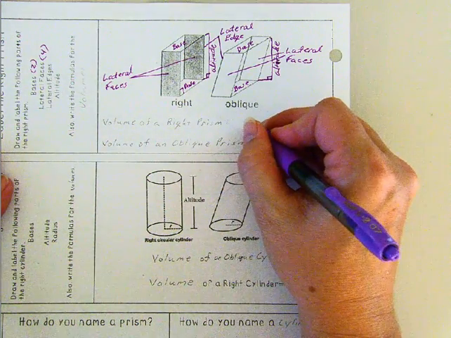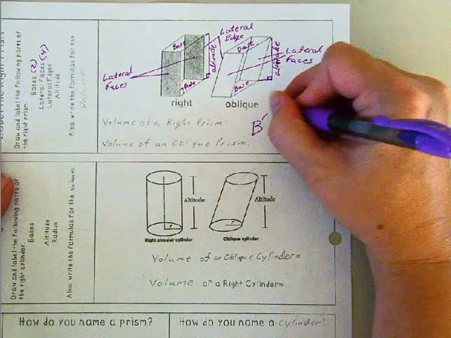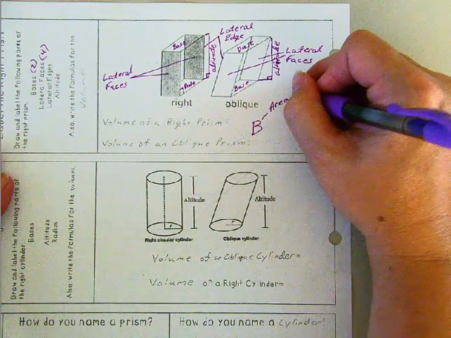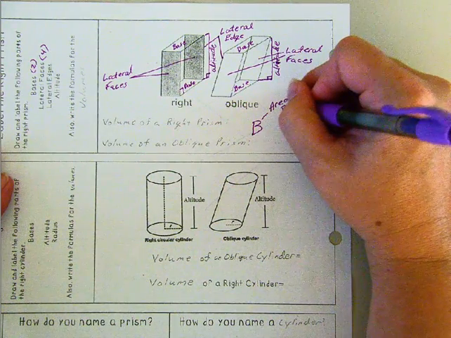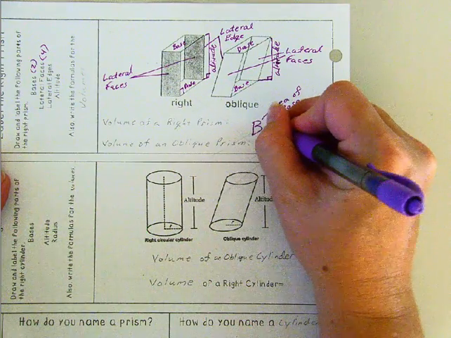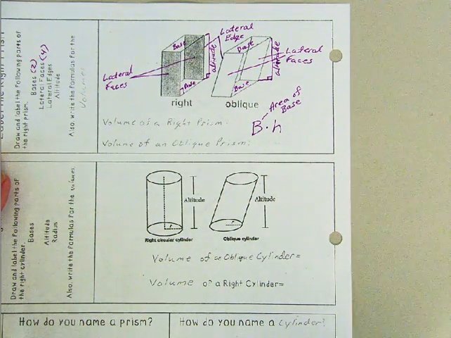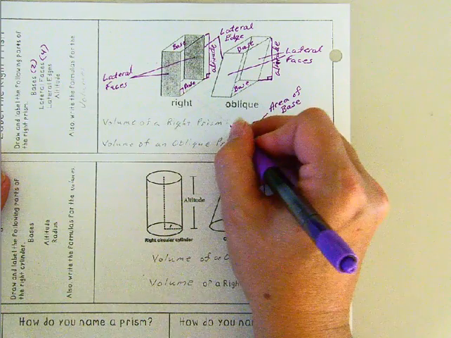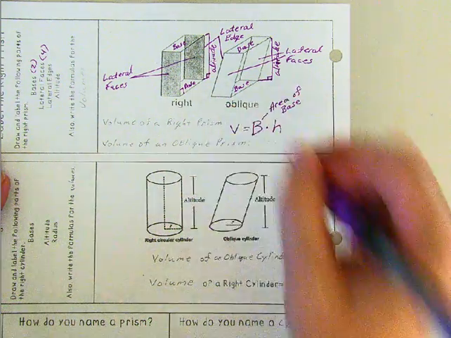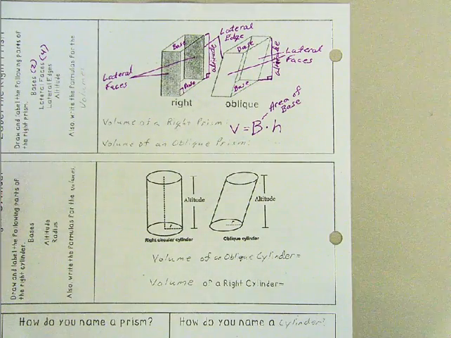So we're going to find the area of the base. We're going to use a capital B, and this means area of base. Okay, that's what that capital B stands for. And then we're going to multiply it by h, which is our height. That's going to give us our volume for both our right and our oblique. Okay, nice that they're both the exact same thing.